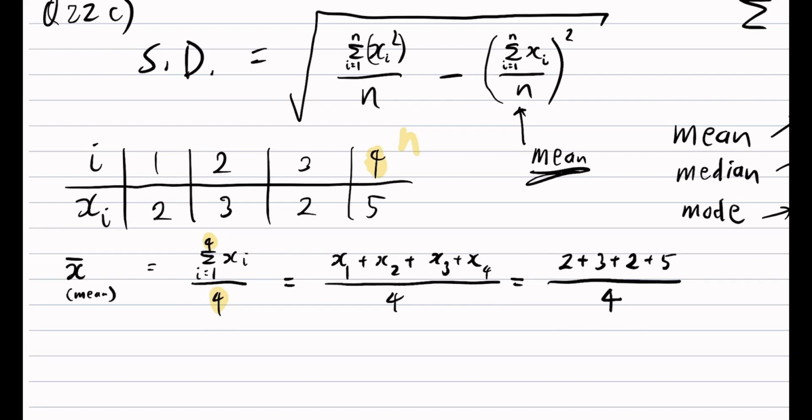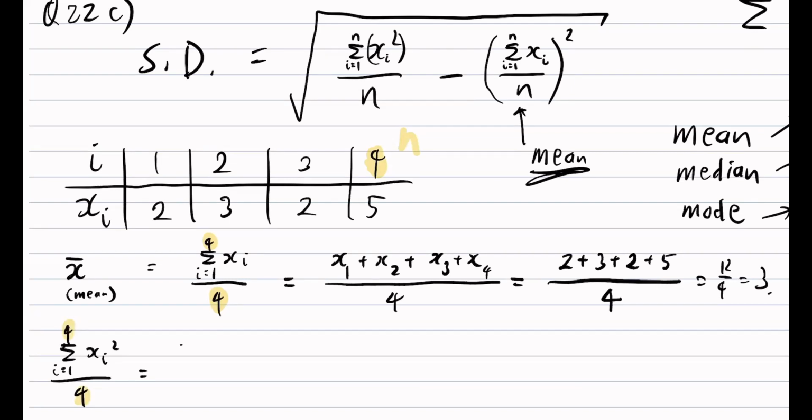I get a 3, 12 over 4. Okay, that's my x bar. Then next, I need to find out what is this sum of xi square, i equals 1 to n, divided by n. In this case, my n is 4, so I replace it with a 4. So let's see what this is.